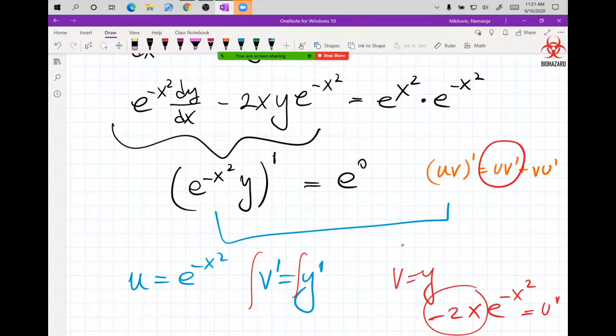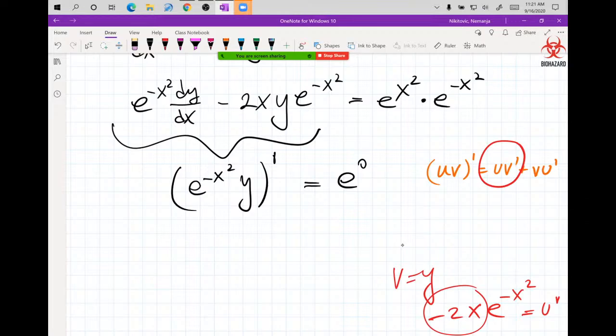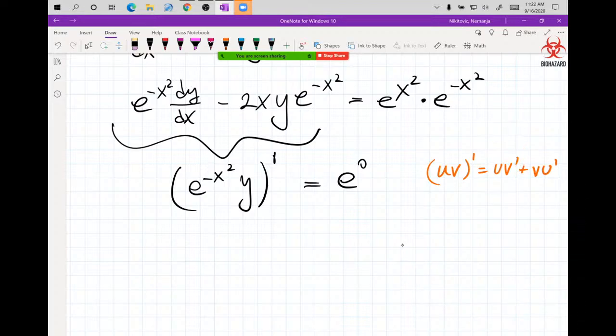So now your job is not only to memorize the formula, your job is also to learn how to compress this expression using the backwards product rule into this single expression here. And what I have now is e to the negative x squared times y prime is equal to 1.